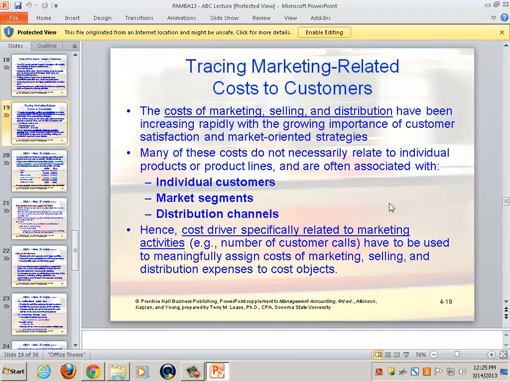Companies whose bulk of costs are in marketing and sales do activity-based costing for their marketing and selling, with the cost objects being customers, markets, or distribution channels.